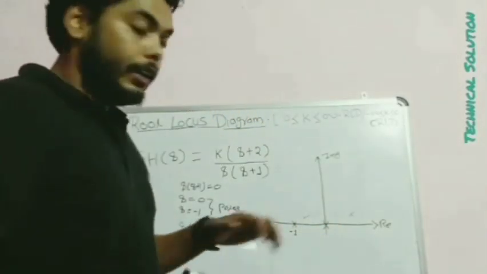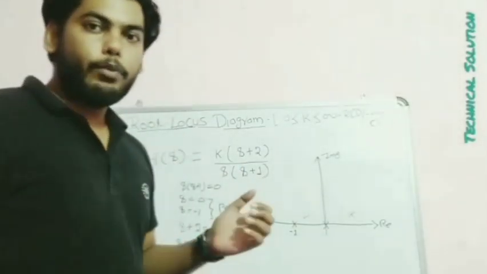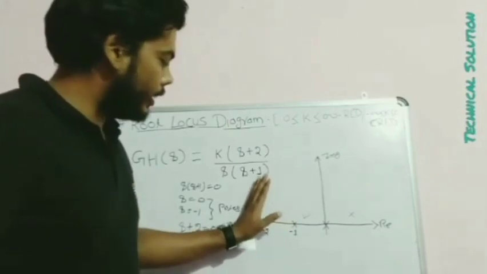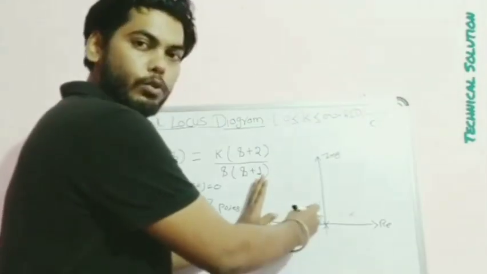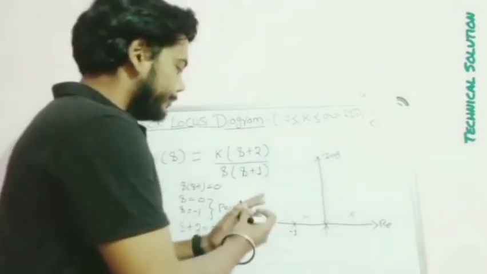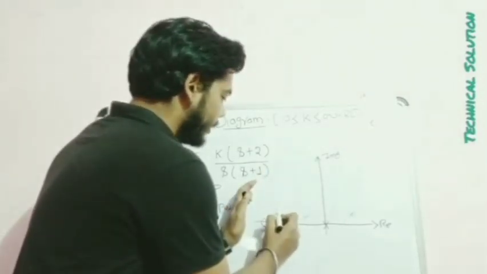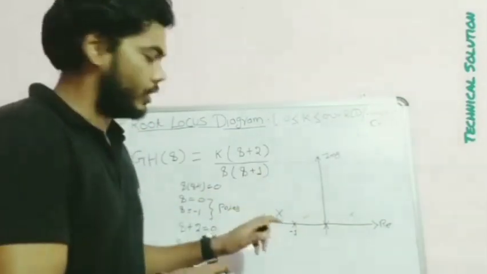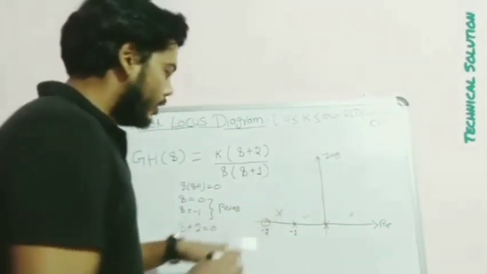On the other hand, if we put our hand on the position between minus 1 and minus 2, two poles are present, which is an even number. So we do not draw the root locus diagram on this position.